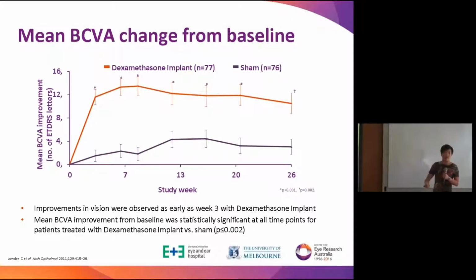Surprise, surprise, they actually got better. So essentially the 0.7 milligram dose is the most effective. That's the one that's now available as Ozurdex. Their rate of ocular hypertension was around 40% in that study, okay, and cataract was in a small number, but this was only a 6-month study.